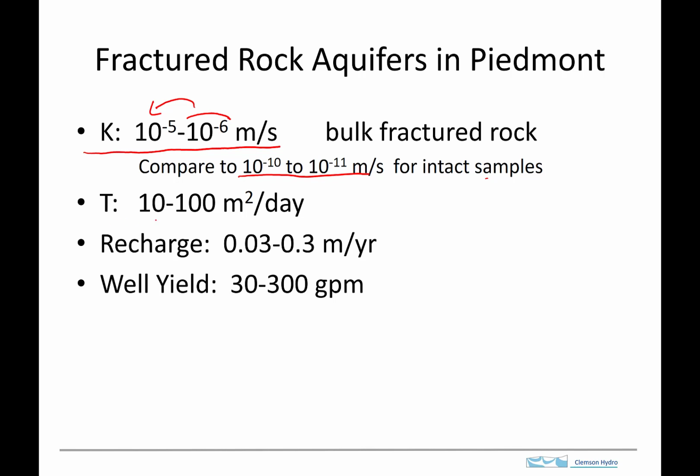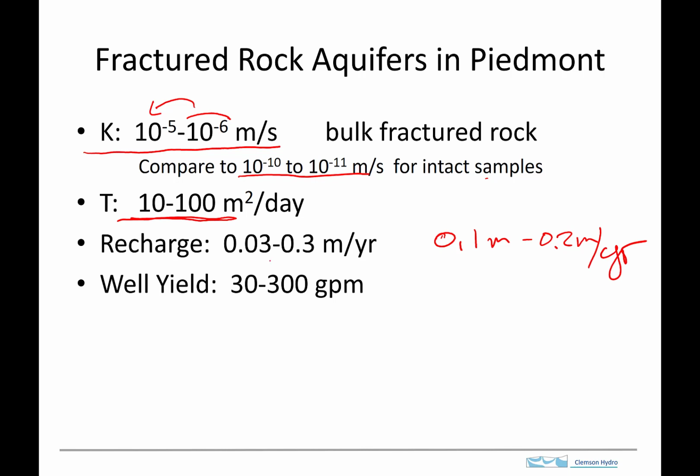The transmissivity, this is a typical range for transmissivities. Recharge, so probably a typical value, at least around Clemson, would be say 0.1 meter to maybe 0.2 meters per year.